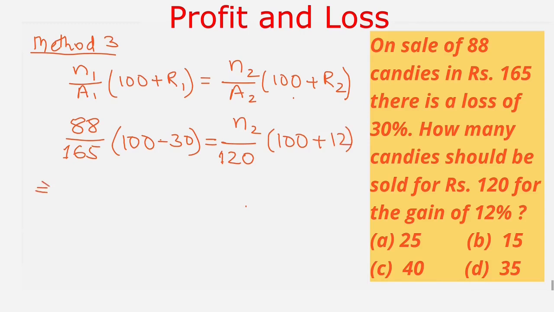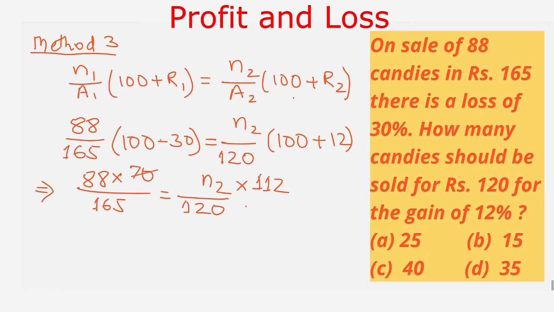Now this is easy. We just have to find the value of N2. Everything is given to us here. This is 88 multiplied by 100 minus 30, which is 70, divided by 165, equal to N2, which is asked of us. The amount given to us is 120 multiplied by 100 plus 12, which is 112.